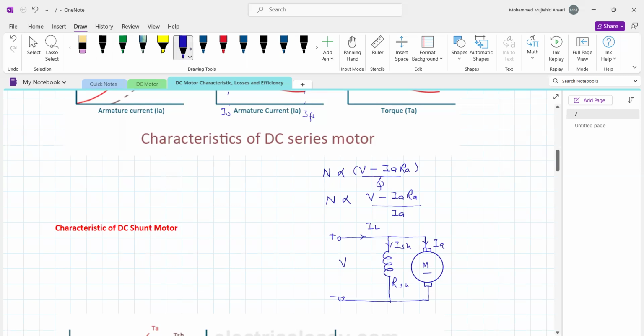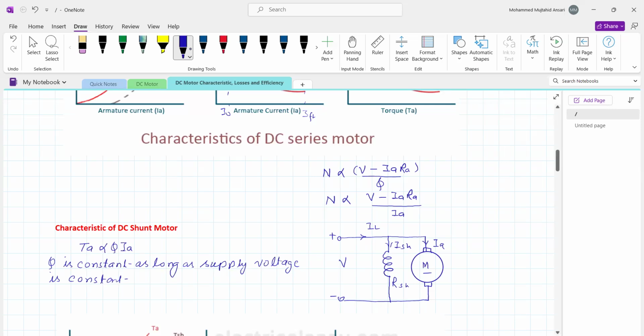Now for the same armature torque, the first relation is that it is directly proportional to flux into armature current. Here flux phi is constant as long as the supply voltage is constant.